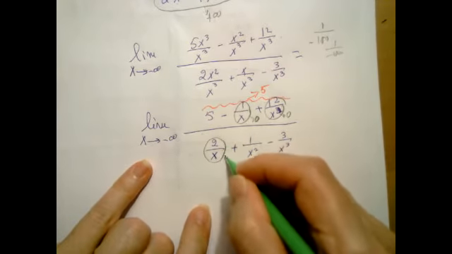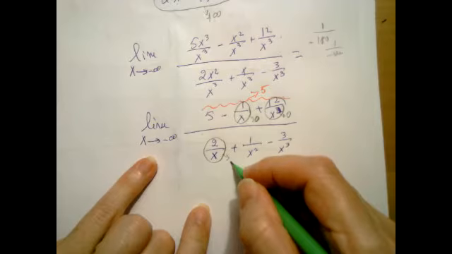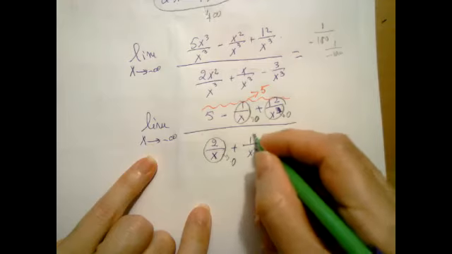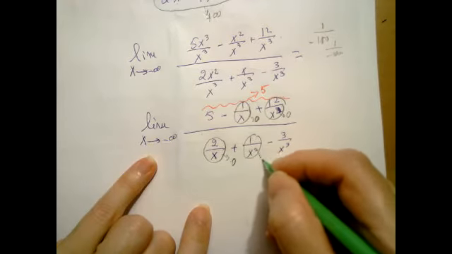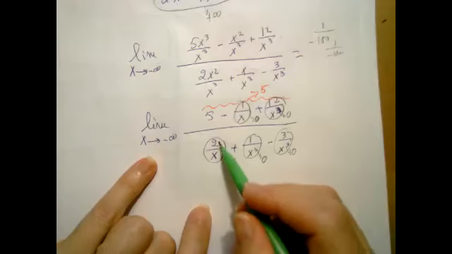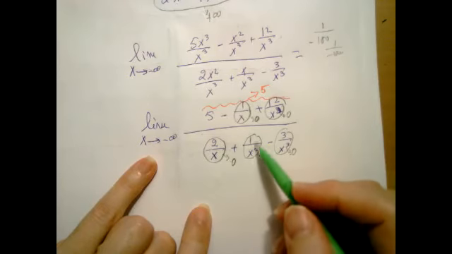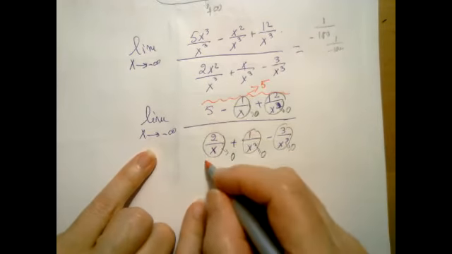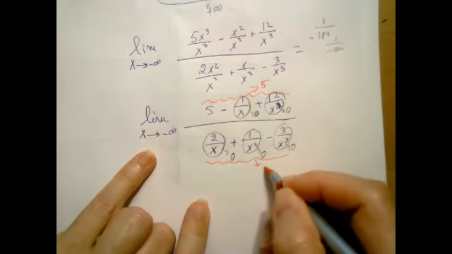This one becomes close to 0 plus. This one becomes close to 0. 2 over large, this is small. 1 over large square, it's small. Minus 3 over large cube, it's small. So my whole denominator now is going to become close to 0.